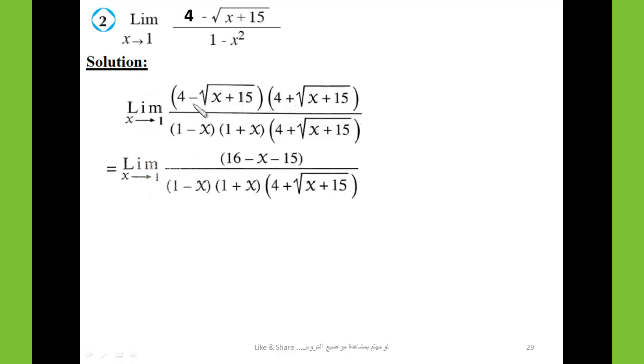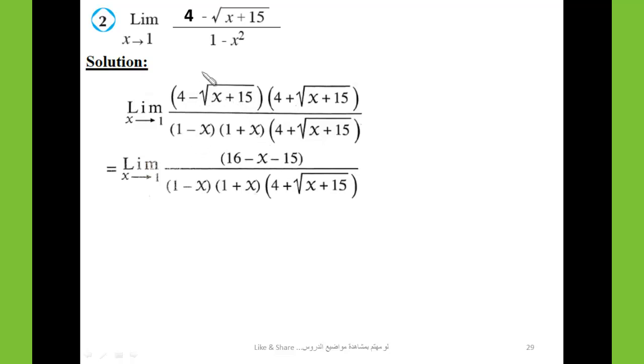When you multiply 4 minus root x plus 15 by 4 plus root x plus 15, you will get the first term squared, because this is a difference, the factorization of the difference of two squares. So you will have 4 squared, it's 16, minus the root squared. The square of the root equals the expression inside the root, which equals x plus 15. Multiplying by negative, it equals negative x, and negative multiply positive equals negative 15.